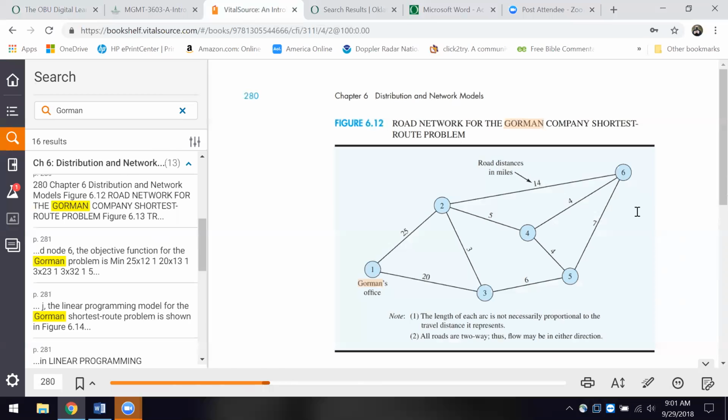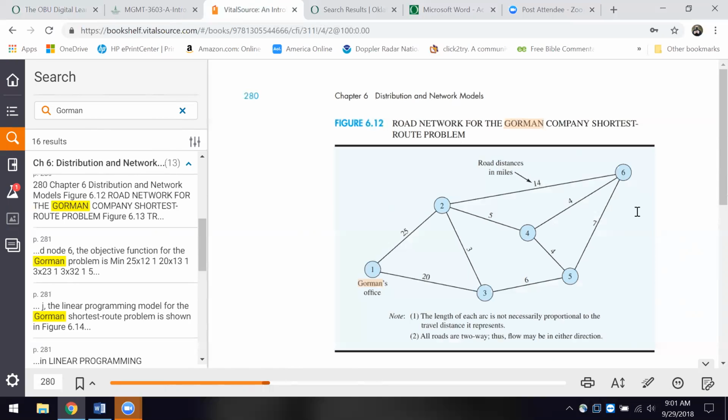So we assume. But again, the reason we have people who do nothing but study and work with networks is that networks aren't always as clear-cut as they appear to be.